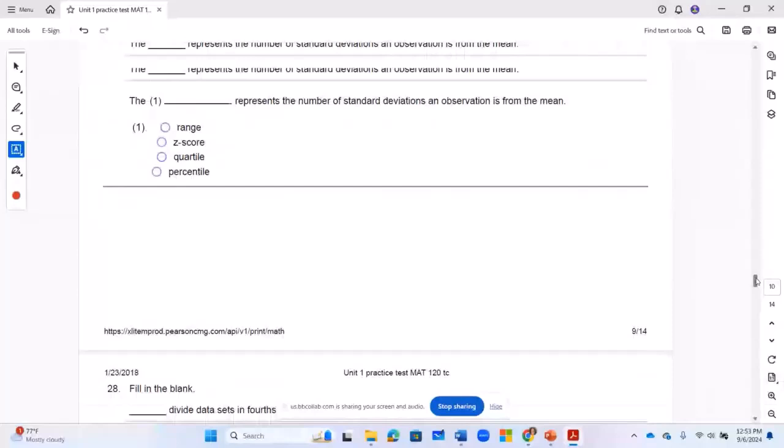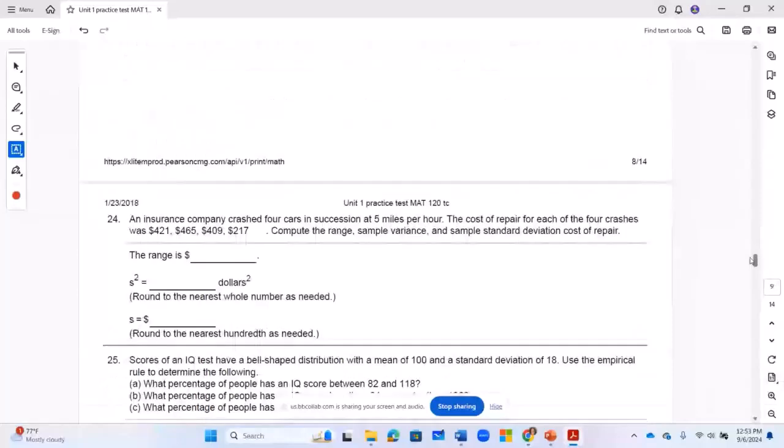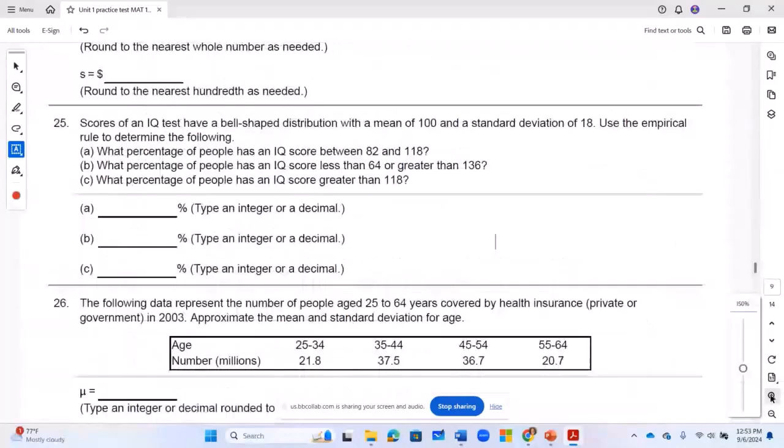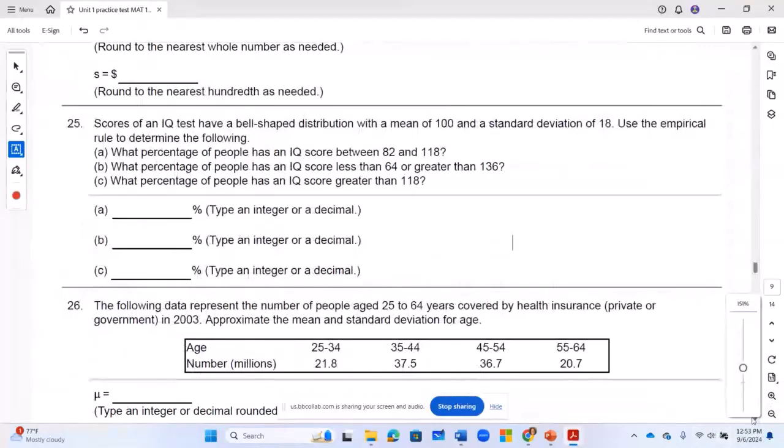So let's go back to number 25. I want to make this bigger. All right. So now I'm going to draw a normal curve and try to answer the questions here.